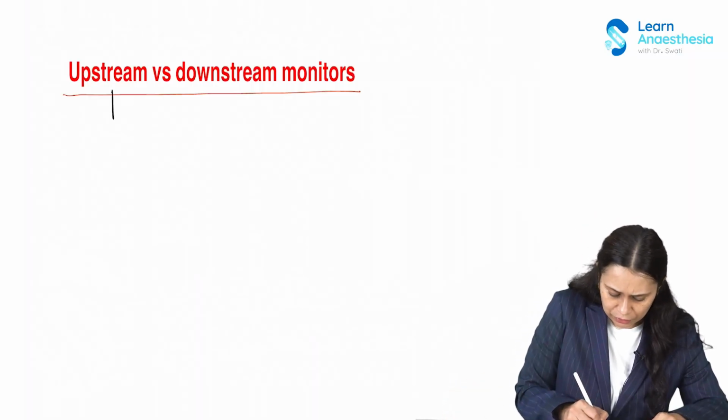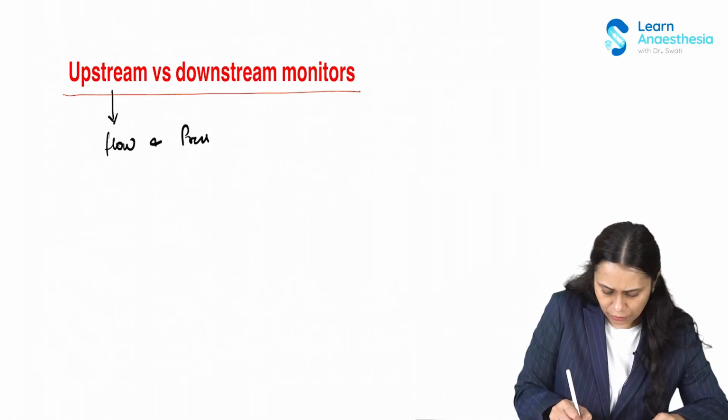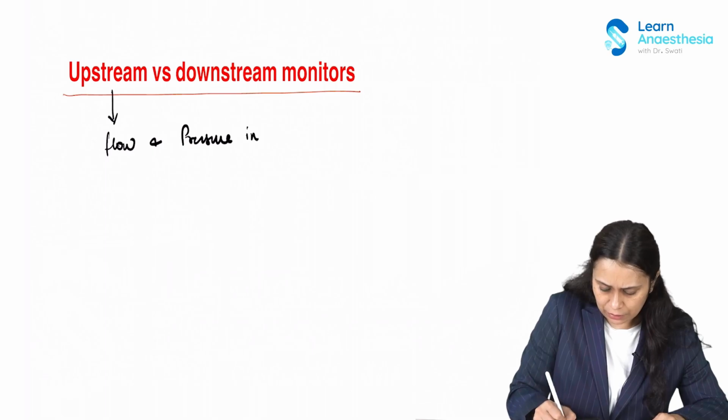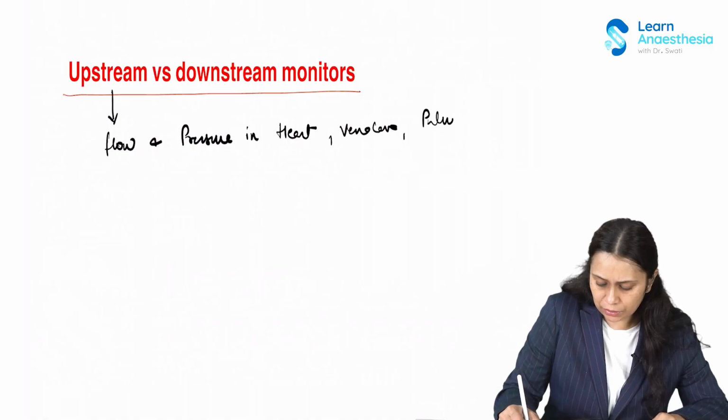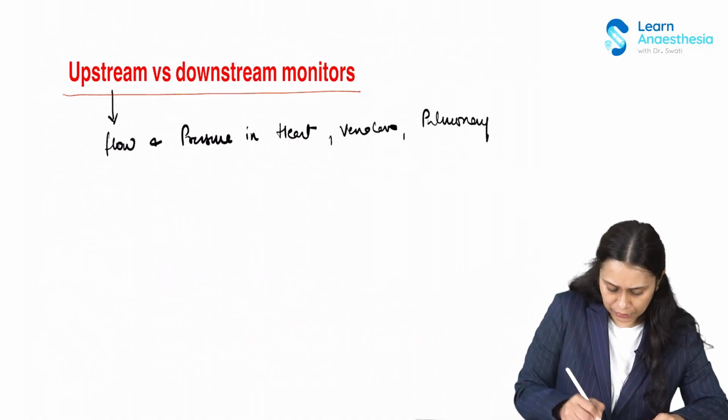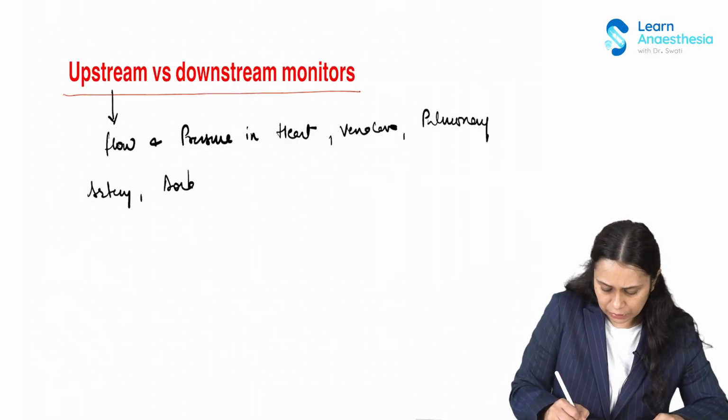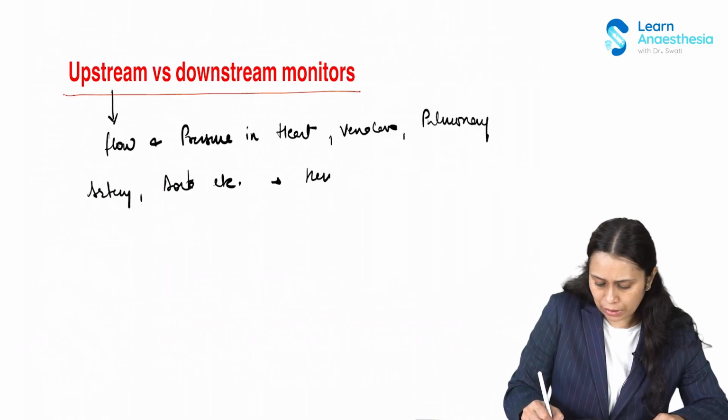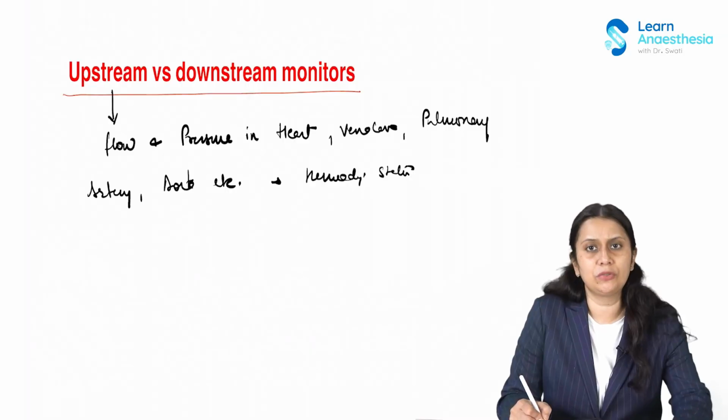So upstream monitor means flow and pressure in the heart, vena cava, pulmonary artery, aorta, etc., and they are used to assess the hemodynamic status.